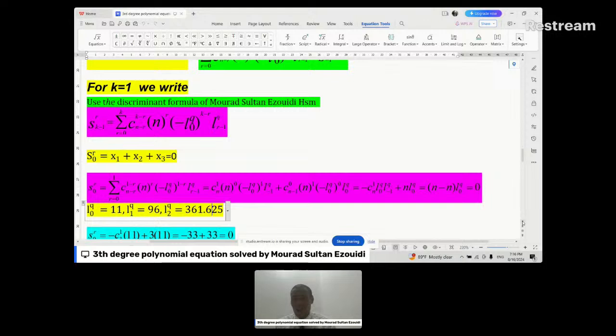Okay. Now, as I'm working with the third degree polynomial equation, the sum of the x roots has to come from the equation. Okay, we continue. I'm going to calculate S0, learners.